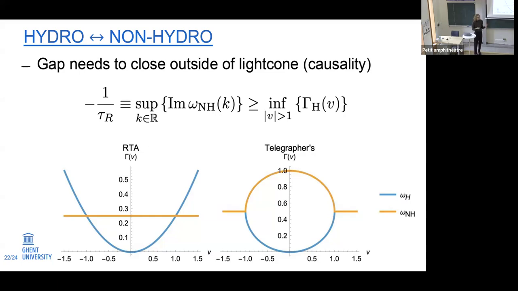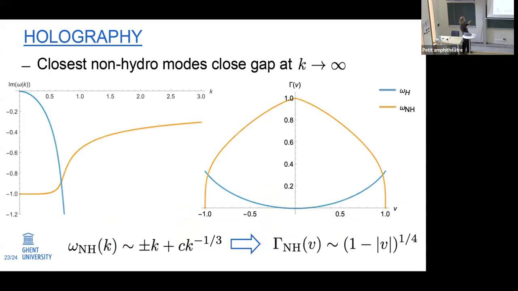This also allows for a very nice comparison between these simplified, more phenomenological models and, for example, holography, which I'm looking at here. So for holography, what happens is that we have these additional non-hydrodynamic modes that will actually get closer and closer to the real axis as you go to large wave vectors, large k.